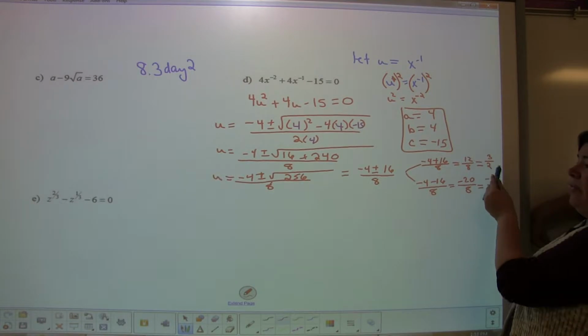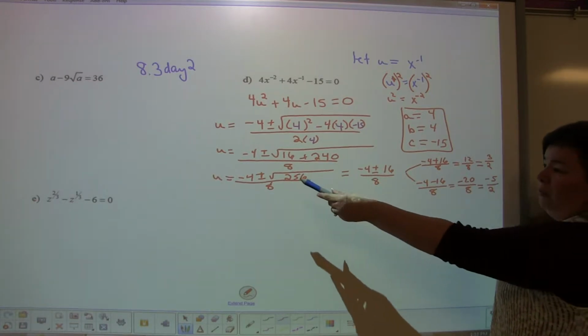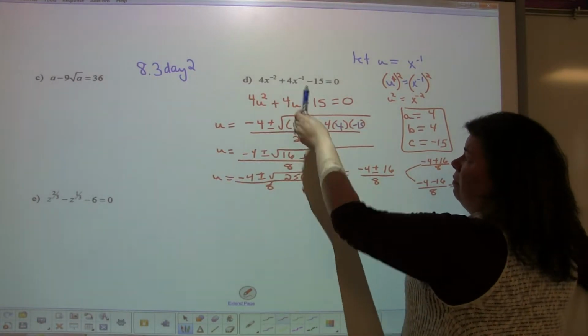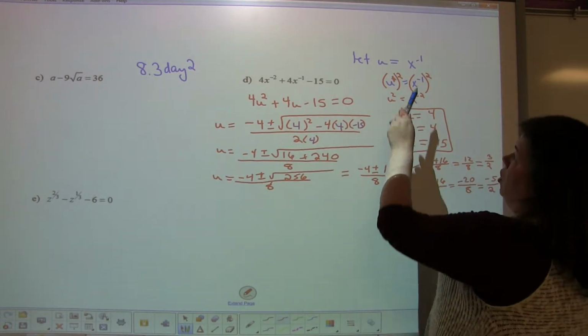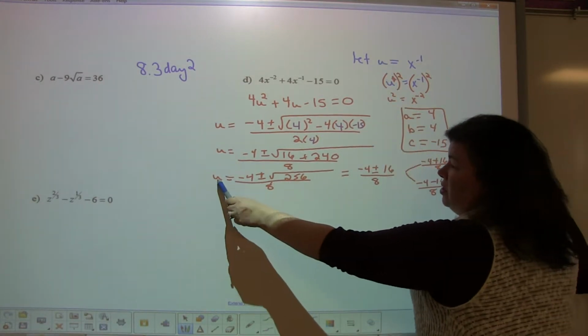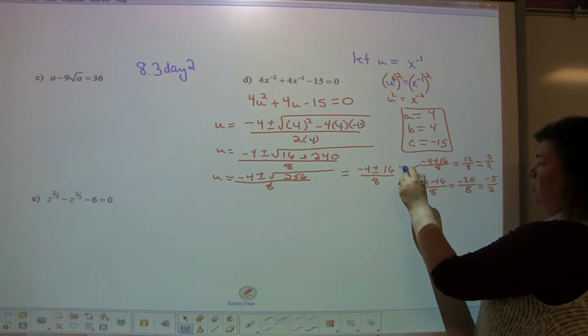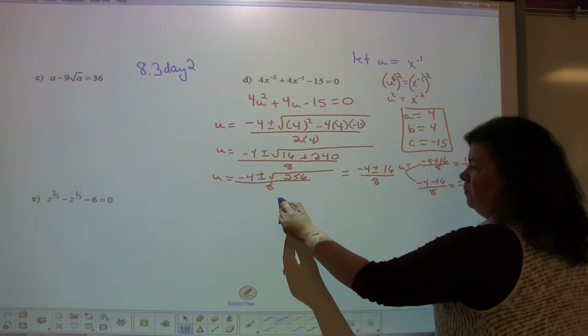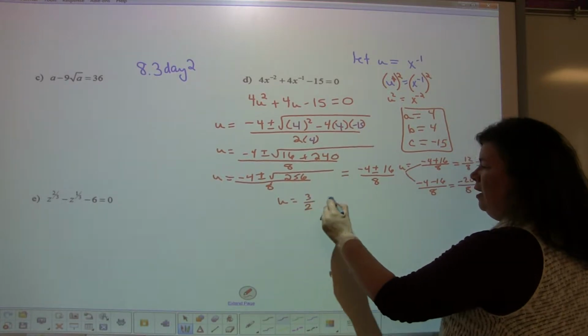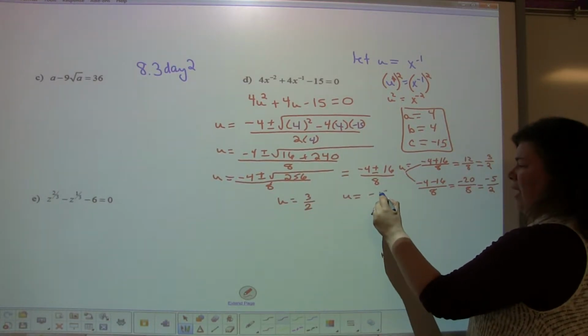Now, there are 2 answers for u, but remember, in our original problem, we want to solve for x. So what we're going to do is substitute in. These are our answers for u, so u equals 3/2, and we got u equals negative 5/2.